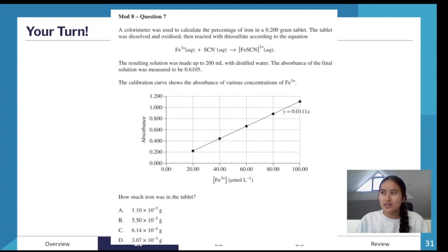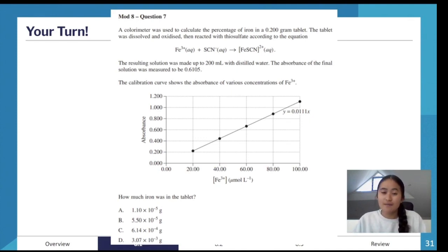So the first thing that you would need to do is check that the equation is balanced. It is balanced, so you're all good to keep moving on to the next step, which is to ignore the 200 milliliters with distilled water for now, just because that's something that comes up later. If you worry about it now, you're going to forget the main part of this, which is reading that calibration curve.